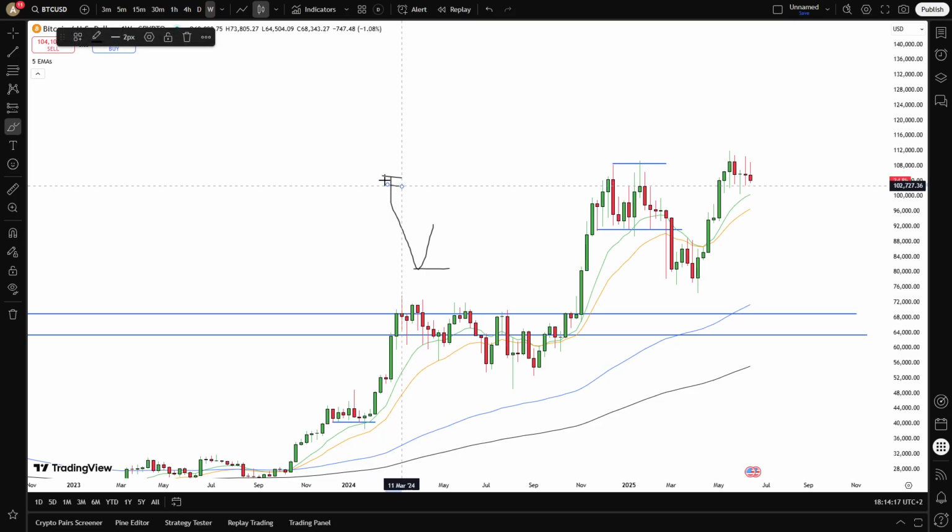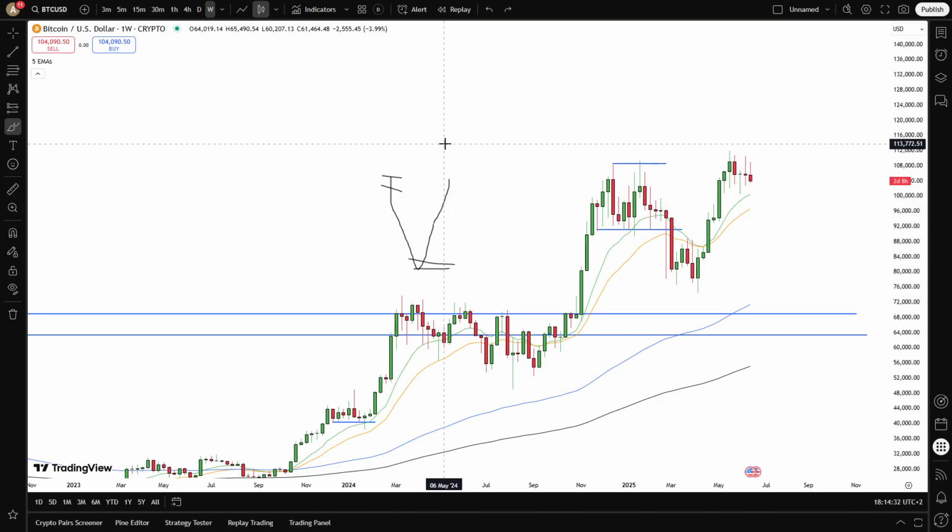I'll do it the other way around to make it a bit more clear. Where you have these 2 points. Okay, if it trades into here and it does not break above it, you just expect it to move towards the downside.